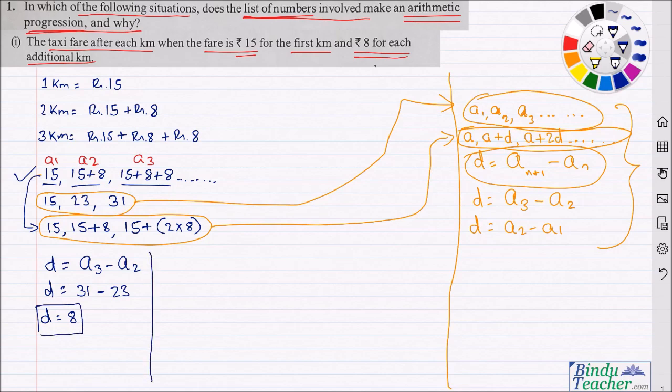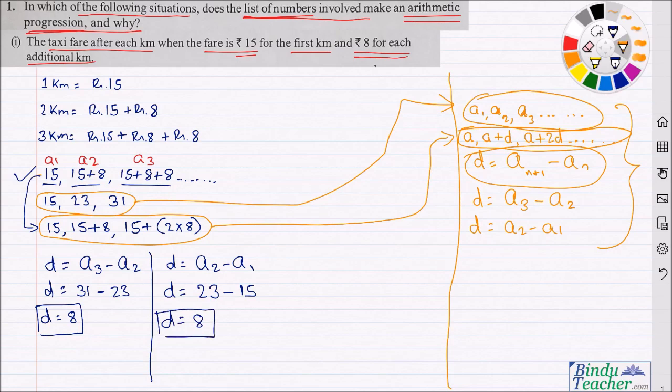Now let's do that one more time, but this time we will subtract A1 from A2, and we'll see if we still get the same common difference. So d equals A2, which is 23, minus A1, which is 15, and we still get the value 8.